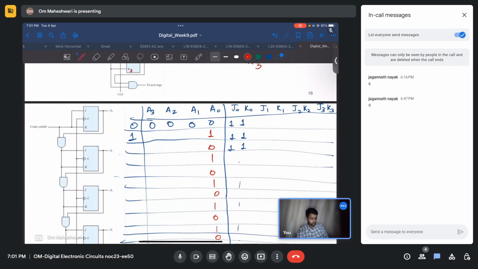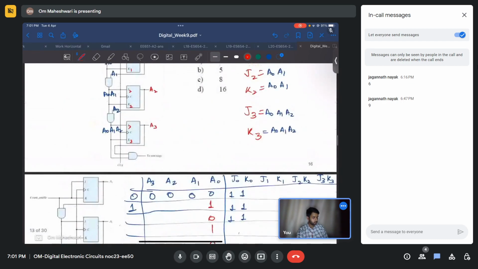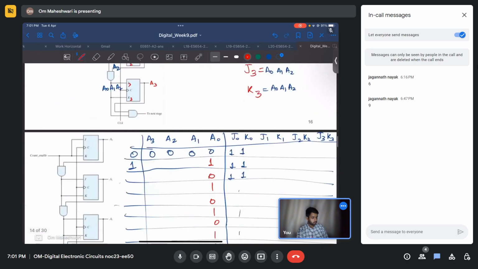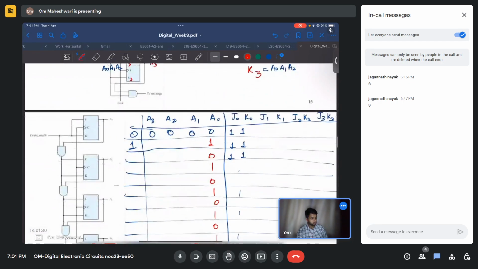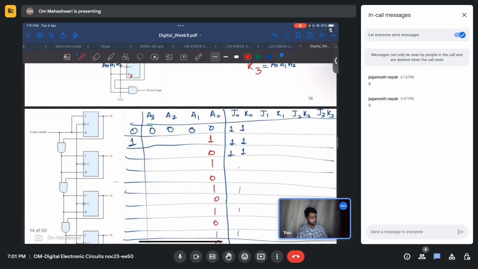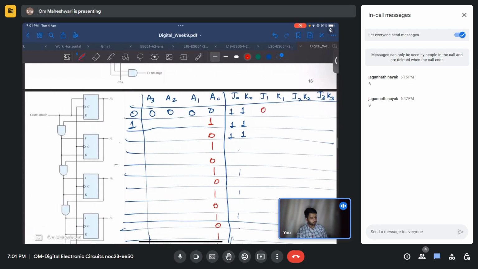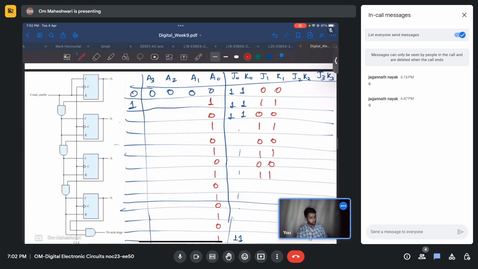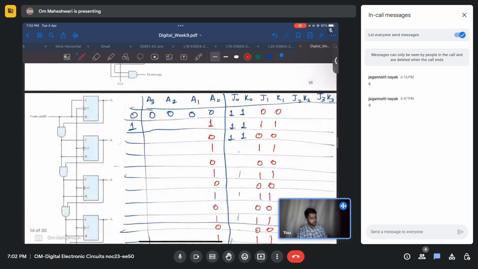J1, K1 is A0, right? So it will be the same as A0: 0, 1, 0, 1, 0, 1, and so on. Whenever it is 0, it will hold; when it is 1, it will flip.